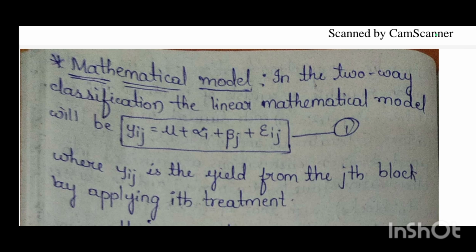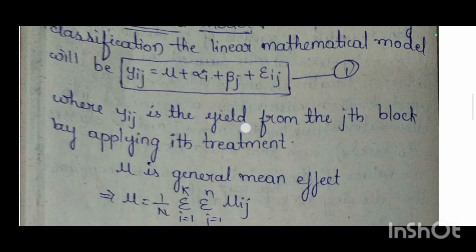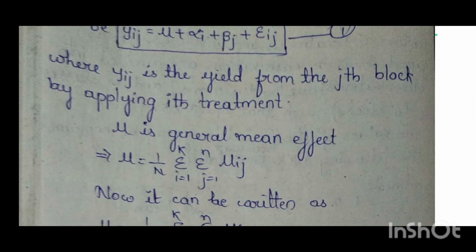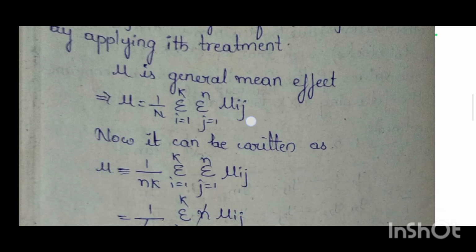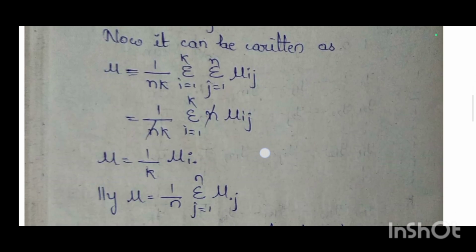In two-way ANOVA classification, the linear mathematical model will be yij equals mu plus alpha i plus beta j plus epsilon ij, where yij is the yield from the jth block by applying the ith treatment.